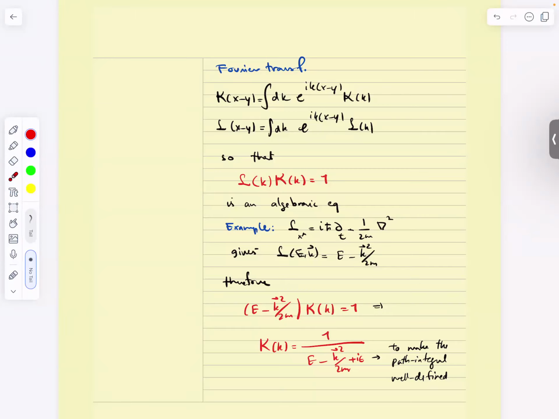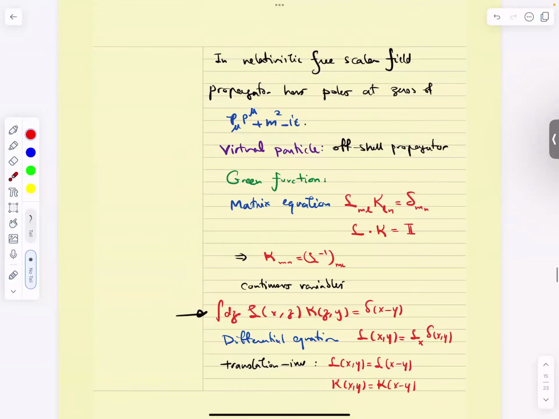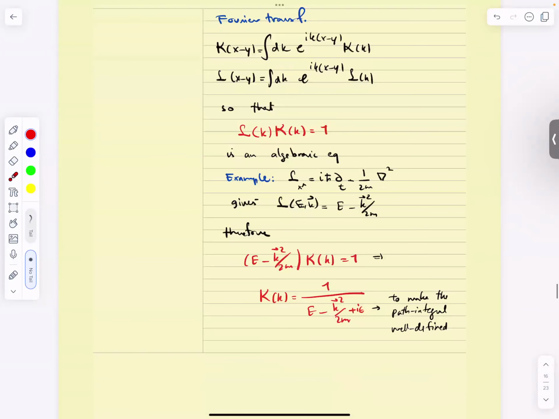So the green function is 1 over that thing. You have to shift it by i epsilon because of invertibility. It's a very standard trick in mathematics to tame violent oscillations.